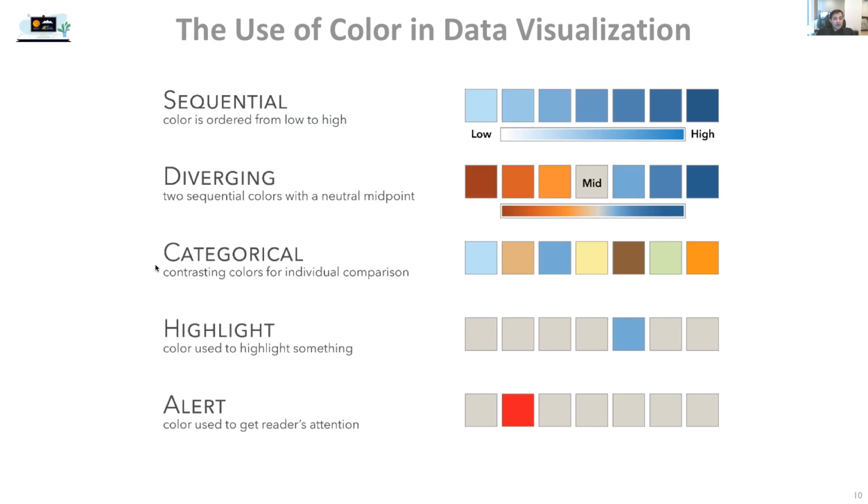The categorical color scheme is pretty simple, and it encodes categories of different things. This might be apples, oranges, bananas, pears, etc. Or it could be something about cars, where we have our SUVs versus our mid-size sedans versus our pickup trucks and minivans.